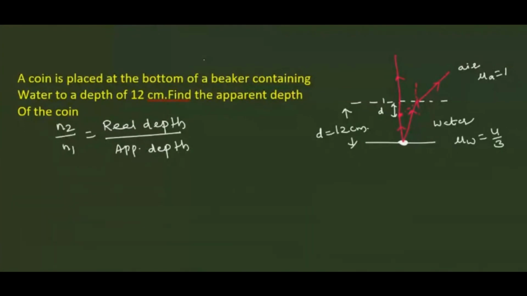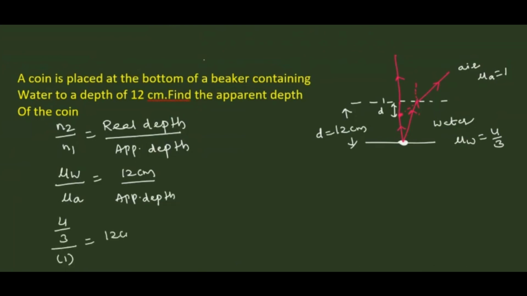N2 means where is the incident ray? Incident ray is in water, so substitute the refractive index of water. N1 means where is the refracted ray? Refracted ray is in air, so substitute the refractive index of air. Real depth is 12 centimeter by apparent depth. So 4 by 3 by 1 is equal to 12 centimeter by apparent depth.